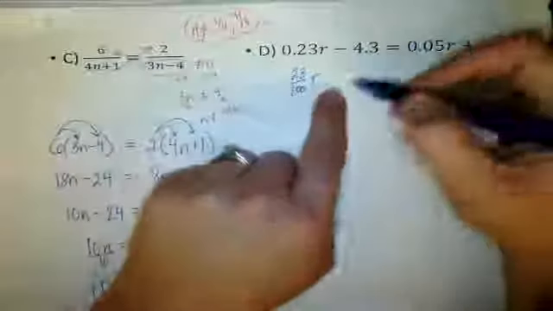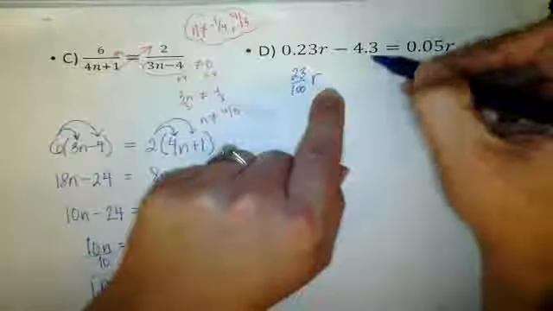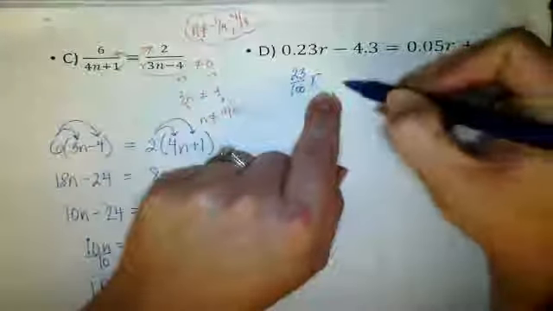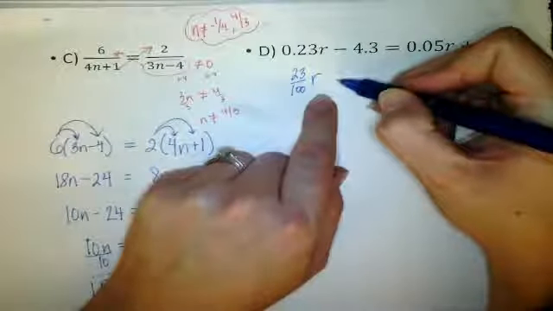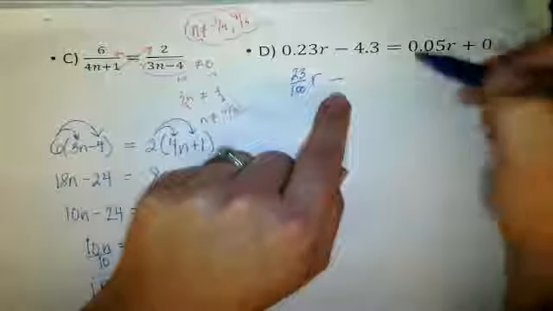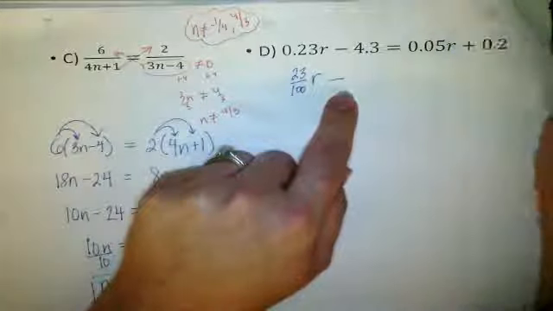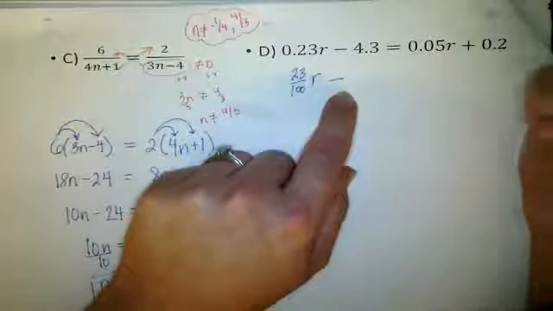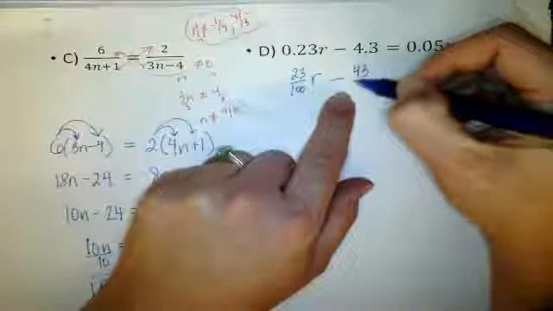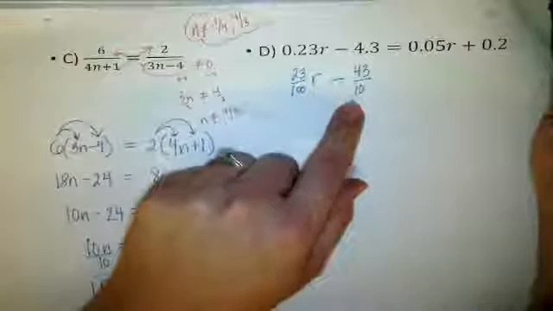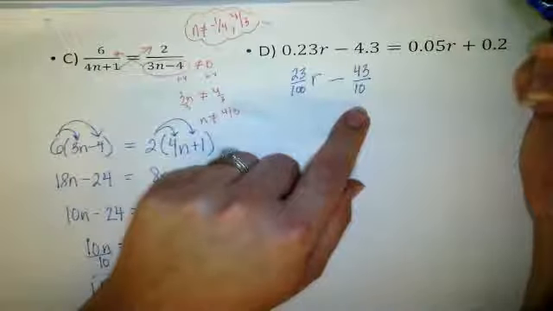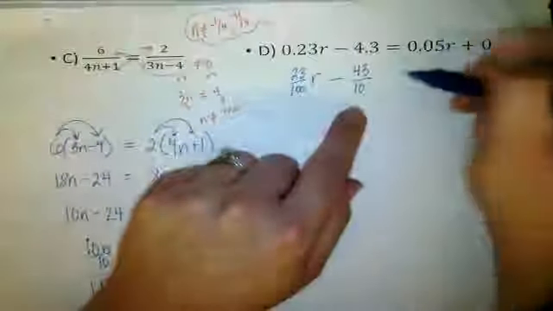Okay. And this decimal 4.3 also kind of has a proper name. We could write that as a fraction as well. What might that fraction be? 43 tenths. 43 tenths. Yeah, okay.